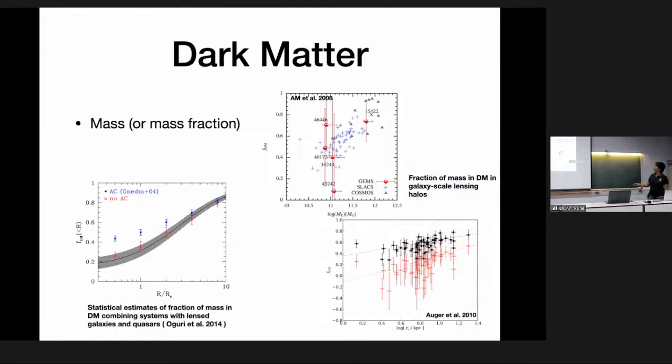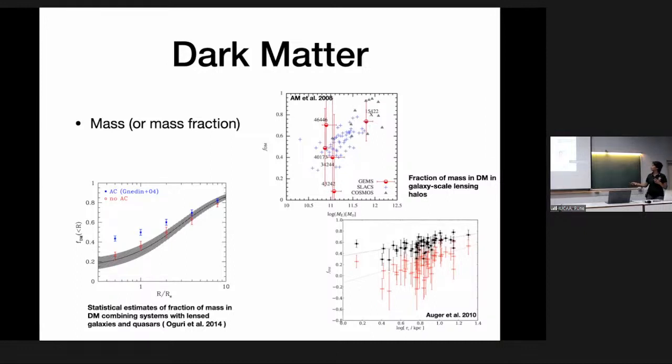Two different models were considered, shown in blue and red. The red one is the case where there is no effect: the dark matter is collisionless, with no effect from the stars.